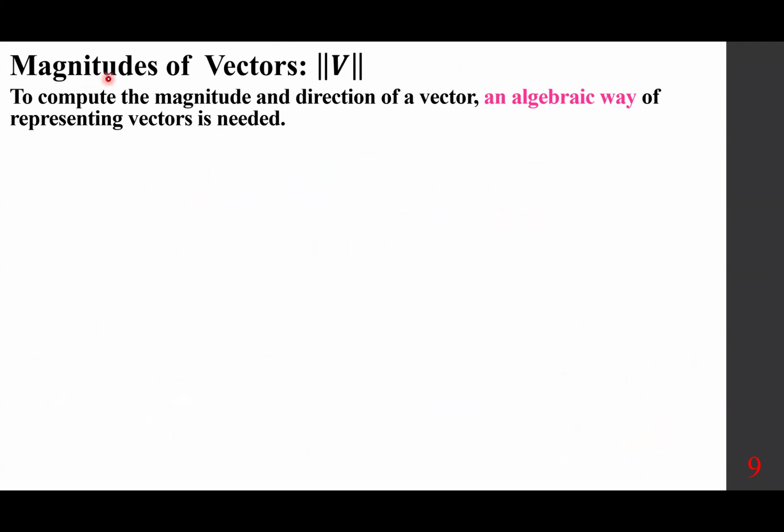Magnitude of vectors. So this is the norm or magnitude symbol. It seems to be an absolute value, but you have two of them. That's the symbol. To compute the magnitude and direction of a vector, an algebraic way of representing vectors is needed.